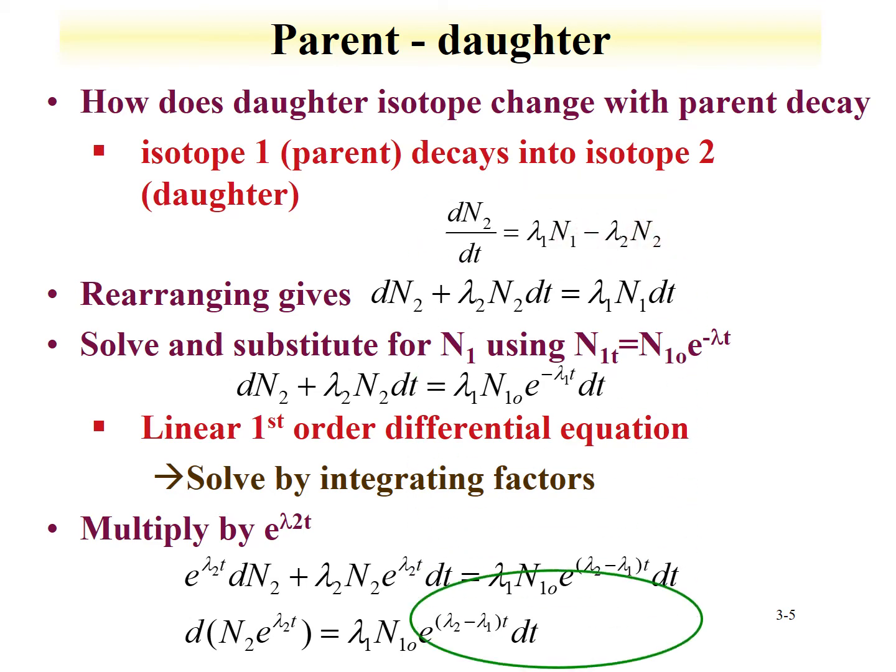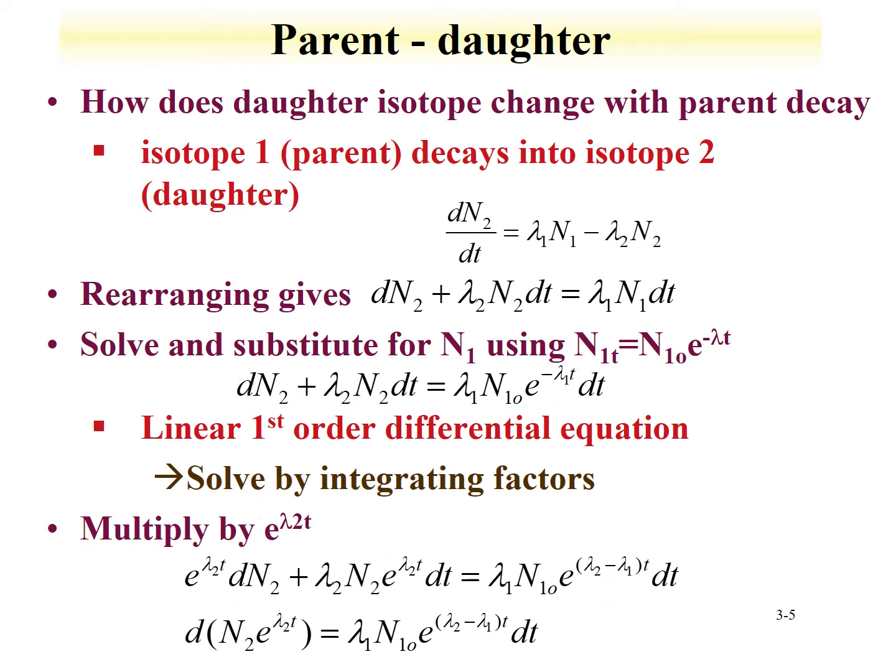If we rearrange this equation, we get this equation. So let's solve and substitute for N1 using N1 at time t equal to N1 naught, the initial amount, times e to the minus lambda t. That equation then becomes what is seen here.